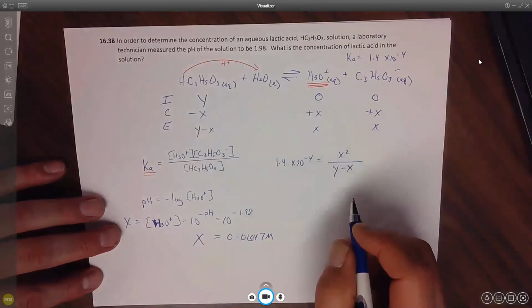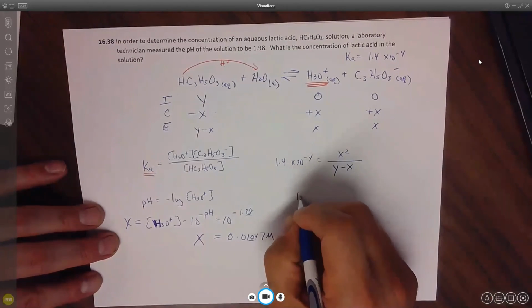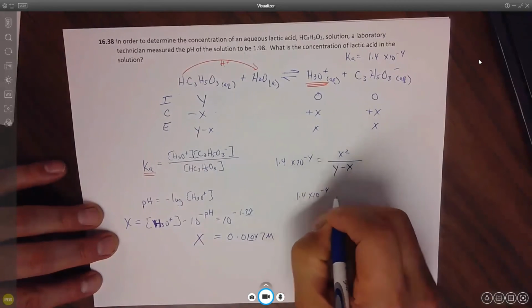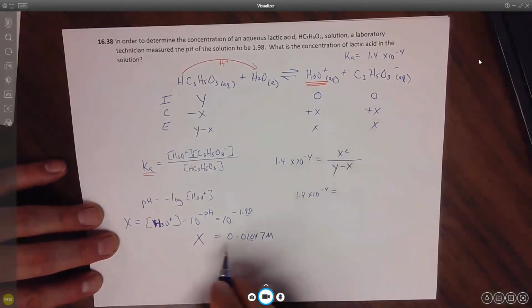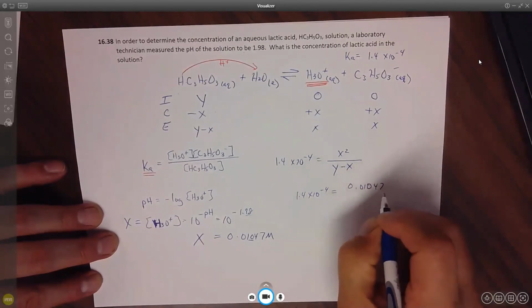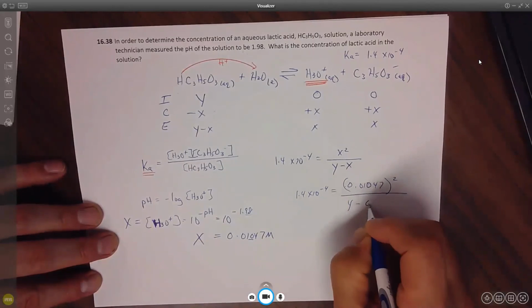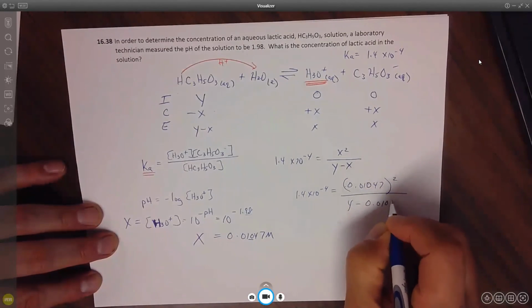I'll rearrange this real quick. We got 1.4 times 10 to the negative 4 is equal to our x value, 0.01047 squared, over y minus 0.01047.